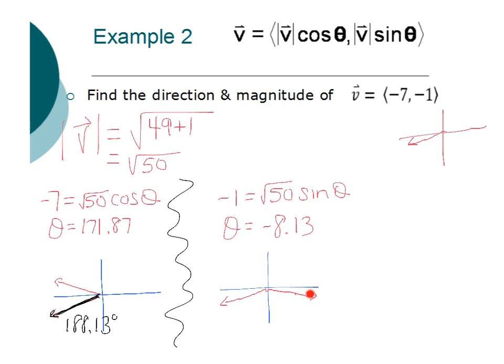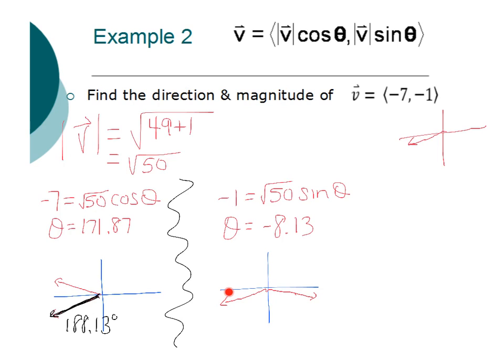Right here at this angle, my sine value, the y value, is down negative 0.141. Okay, I'm just looking at my calculator to look back at that number. Where else would I be down that much? Well, it would happen over here also.